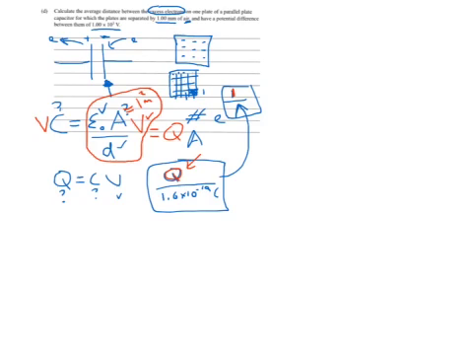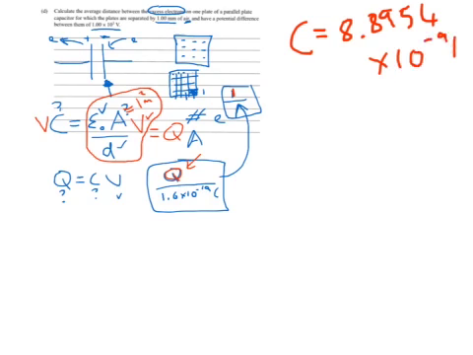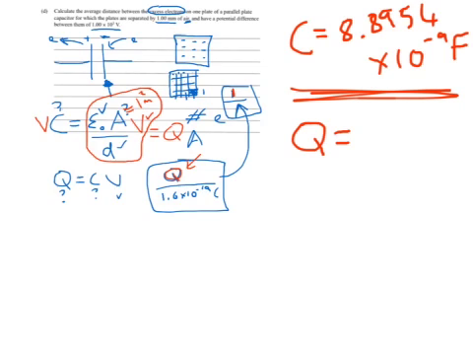For the capacitance, they work out for 1 meter square that it comes to 8.8954 times 10 to the negative 9 farads, so that's 8.8954 nanofarads. That's one thing that's calculated. Then from that you multiply by the voltage to find the charge, and since it's 1 kilovolt, that's easy.